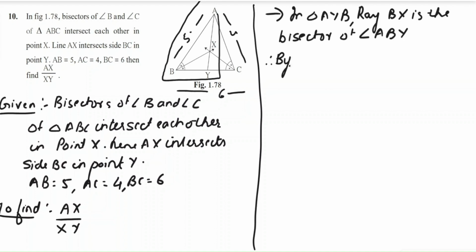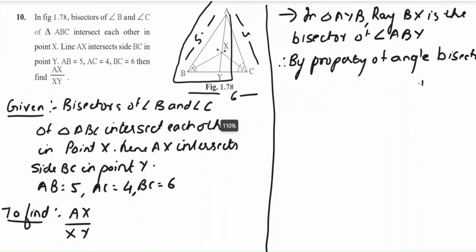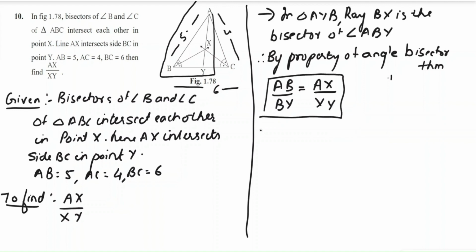Therefore, by property of angle bisector theorem, what we will get? AB upon BY is equal to AX upon XY. This we can take as equation number 1.